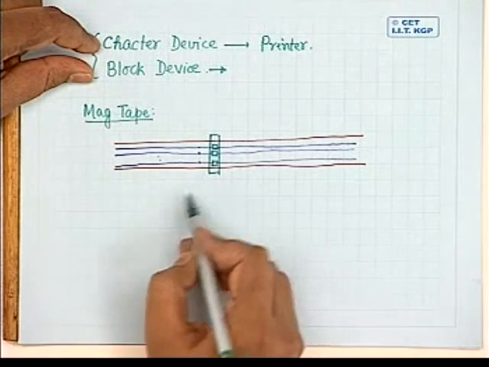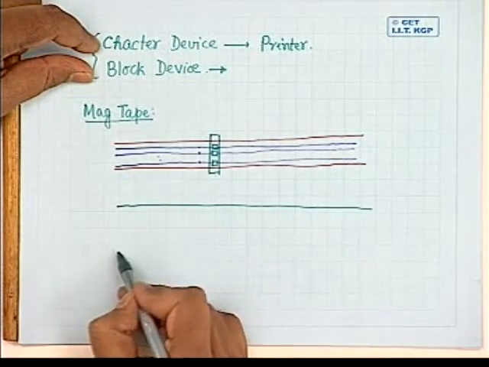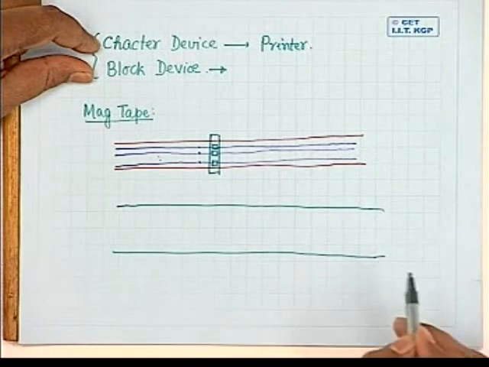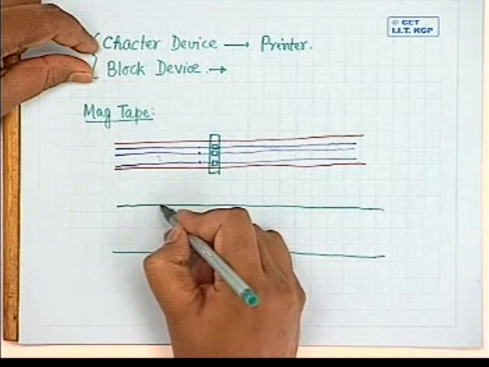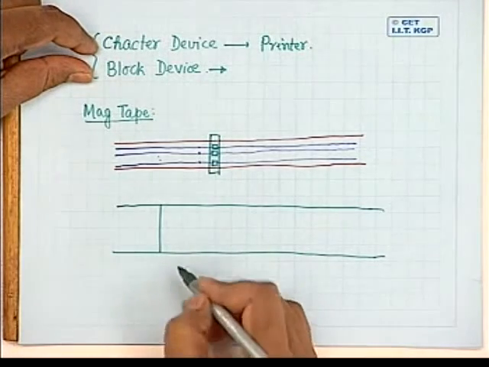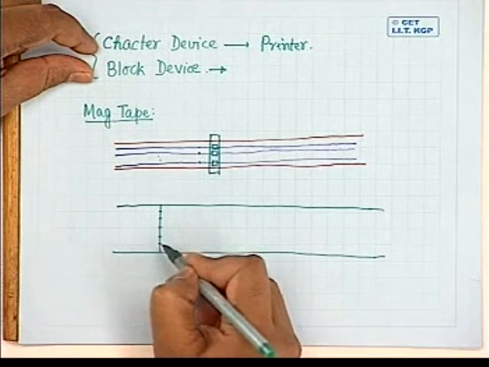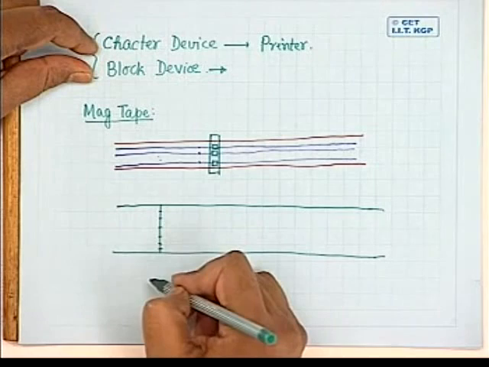Usually the data is stored on the magnetic tape in the form of records. That is, a number of bytes taken together will form a record. Every byte will be stored like this. This may be a particular byte location, where on different tracks I will have different bits, and on the additional track I will have the parity bit.